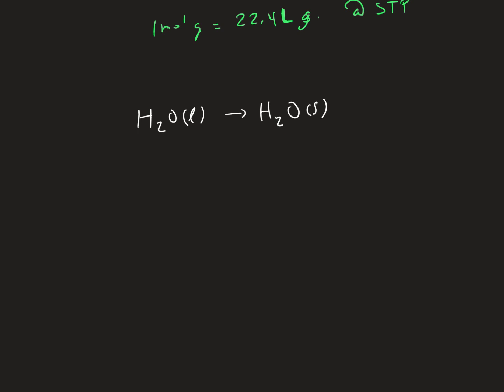Is that endothermic or exothermic? Are we releasing energy or taking it in? We're releasing it, making it colder, right? So this is exothermic. If we flipped it around, it would be endothermic. Does that make sense?